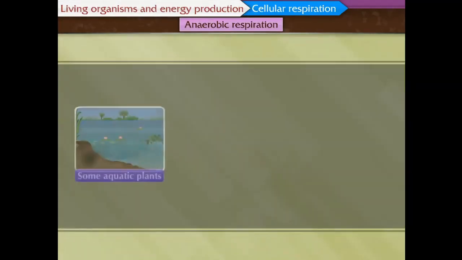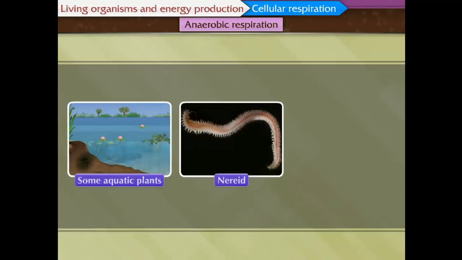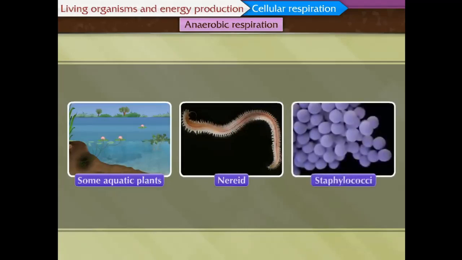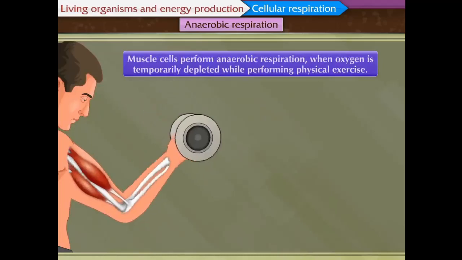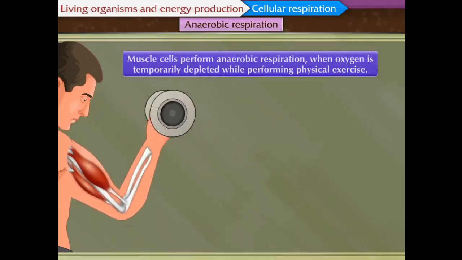Some higher plants, animals, and aerobic microorganisms sometimes also perform anaerobic respiration instead of aerobic respiration if there is depletion in oxygen level in the surroundings. For example, our muscle cells perform anaerobic respiration when oxygen is temporarily depleted while performing physical exercise.